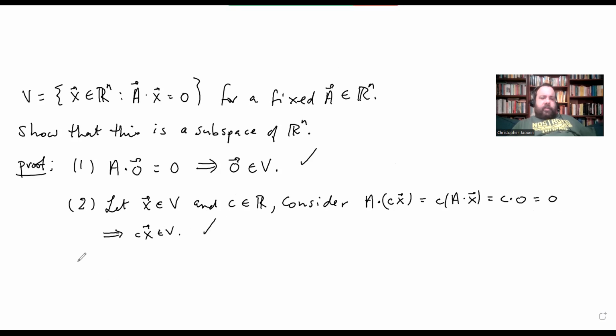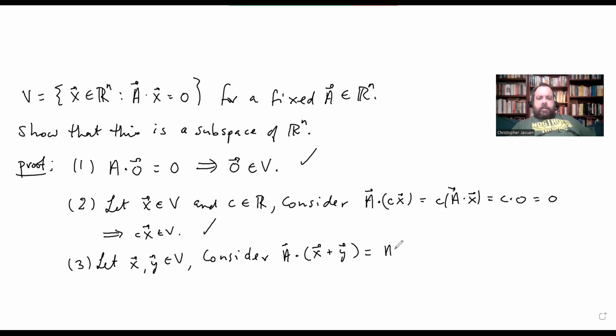And lastly, we have to show that it's closed under addition. So let x and y be in V. Consider a dot x plus y. There's a distributive law for the dot product.